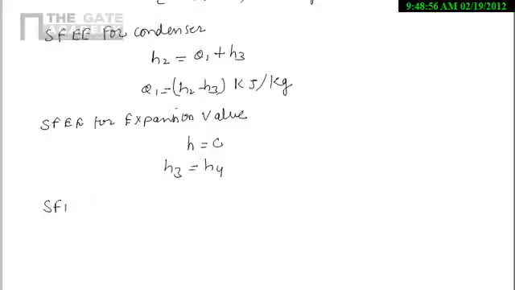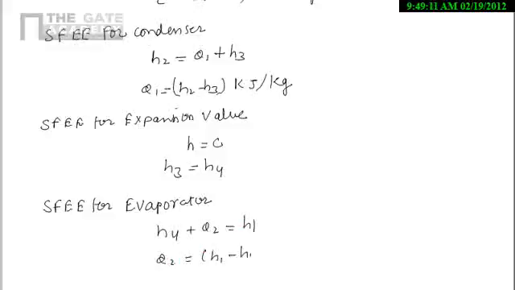Steady flow energy equation for evaporator: H4 plus Q2 equals H1. So Q2 equals H1 minus H4 kilojoule per kg. And I have already talked about how in a refrigeration system we are interested in Q2. So this Q2 is also known as refrigerating effect.